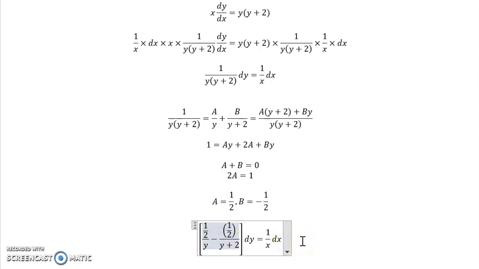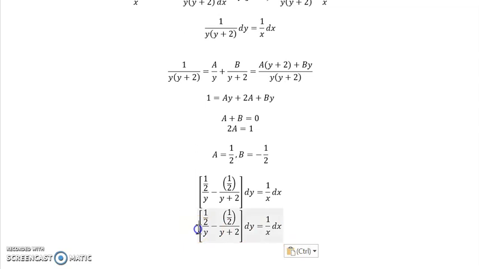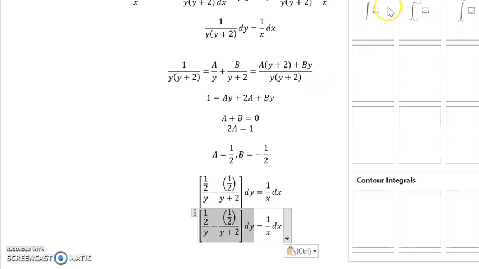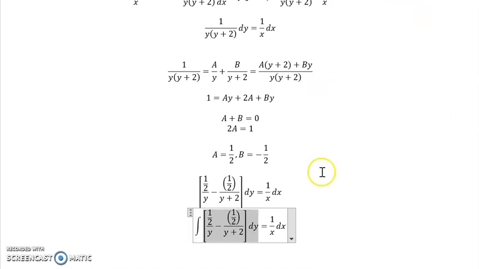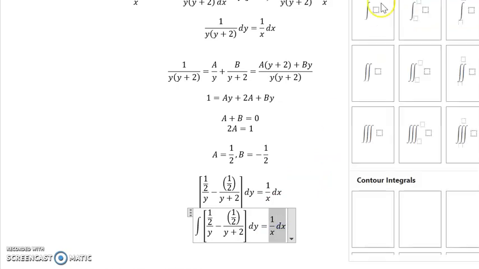Okay, so now we're going to integrate both sides. So again, copy. We're going to integrate this side of the equation, and we're going to integrate this side of the equation.